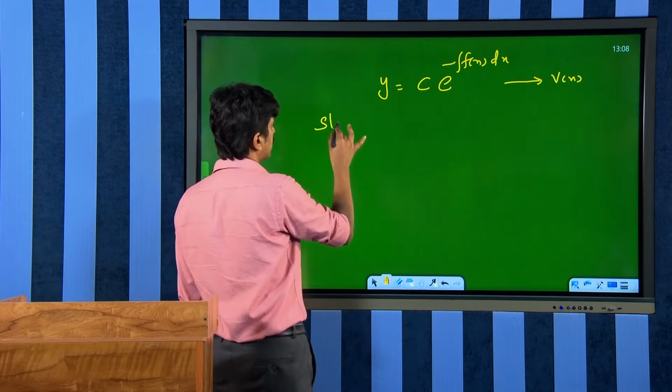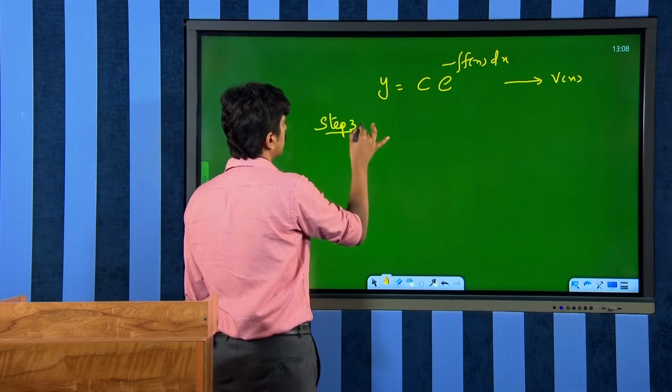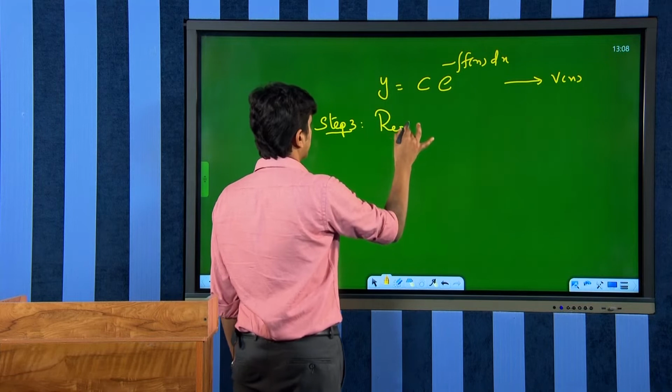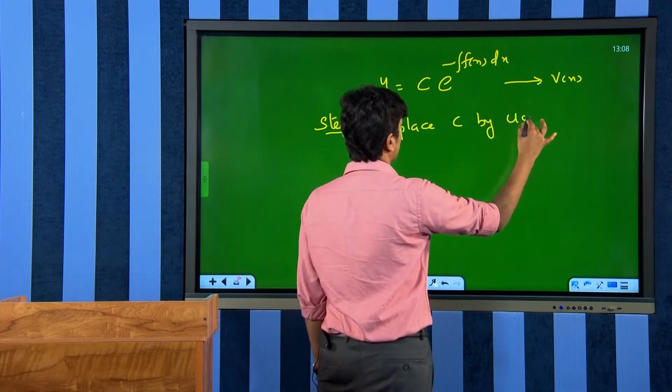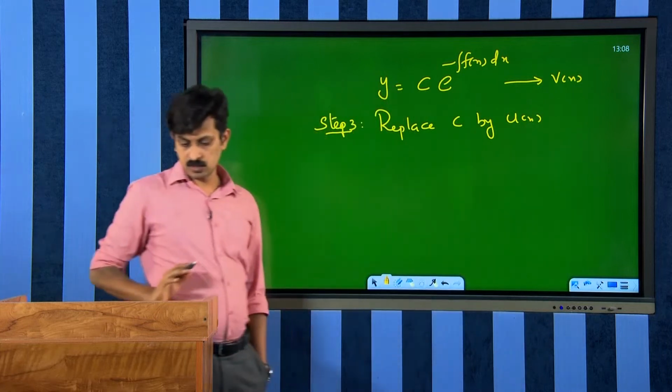In step 3 we just replace c by u of x. Okay.